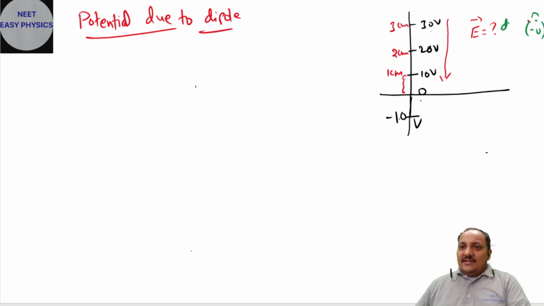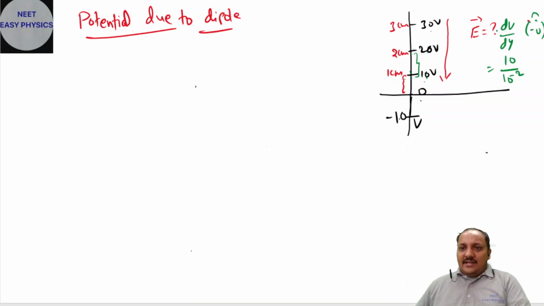Now what is the value? dV by dy, because along the y-axis. What is dV? 20 minus 10, which means 10. What is dy? 2 centimeters minus 1 centimeter, which gives 1 centimeter. 1 centimeter means 10 power minus 2.